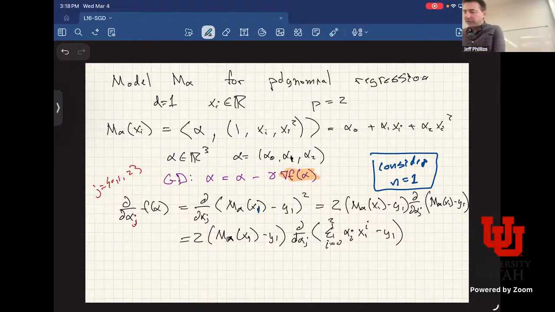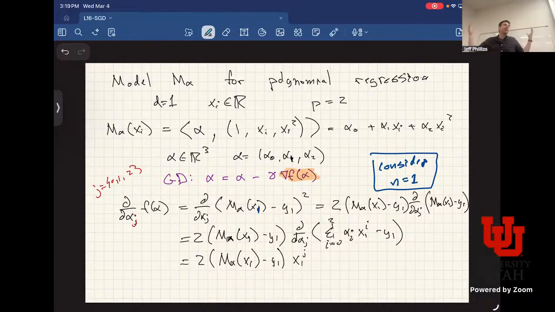Okay, and so then the derivative of it is going to be straightforward, is going to be 2 m alpha x1 minus y1 times x1 to the power j. The one where the alpha matches the thing I'm taking the derivative of is just x1 to the power j. Okay, all the other terms, the derivative is 0, and these go away.